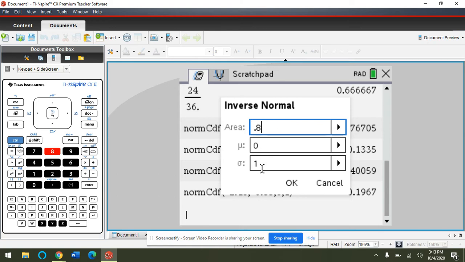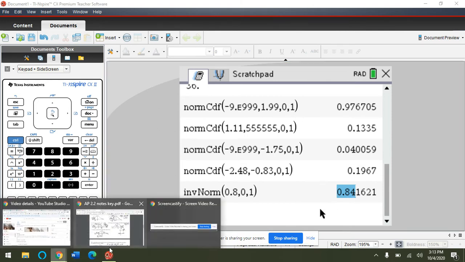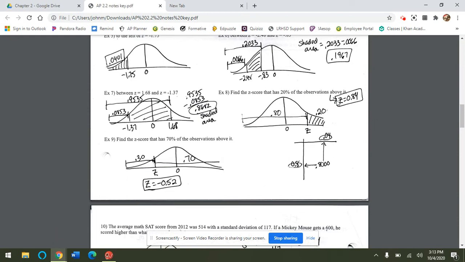And then a mean of 0, standard deviation of 1. What it gives you is actually the z-score answer. Right? The z-score for an area of 0.8 from the left is 0.84. And if you take a look at our notes, that was our answer. Our answer was z equals 0.84.